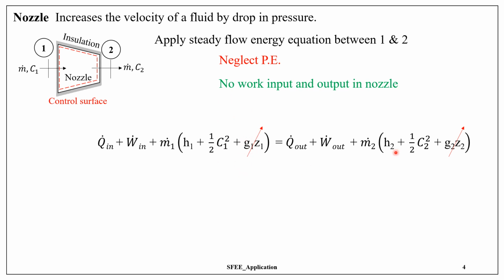So we can assume the inlet and the exit are at the same level, and hence we can cancel out Z1 and Z2. There is no work input and output in the nozzle, and hence this W dot in and W dot out both can be cancelled. It's perfectly insulated. There is no heat transfer.